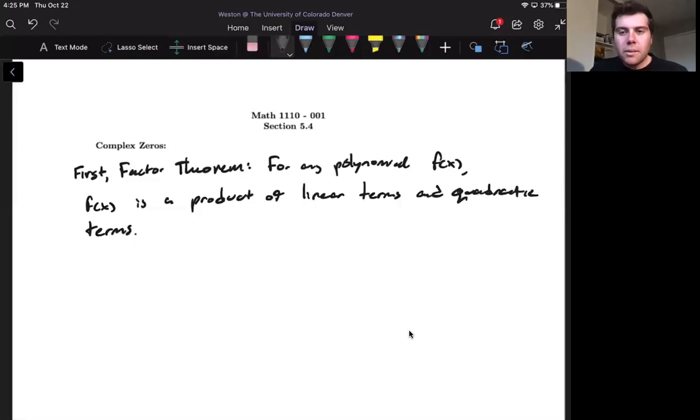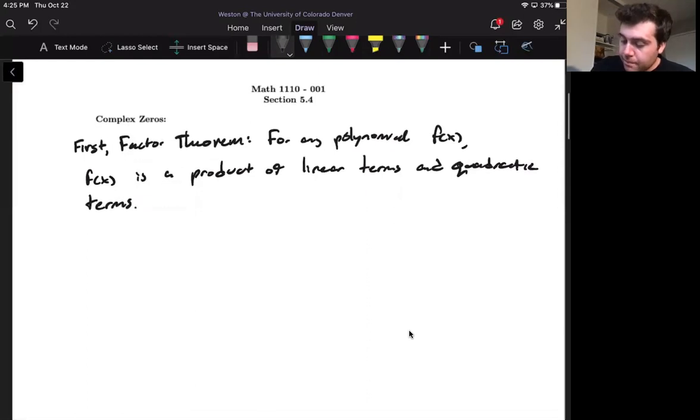So this holds when the polynomial has real coefficients, and essentially says that the polynomial can be broken down in a unique way into just linear terms and quadratic terms.